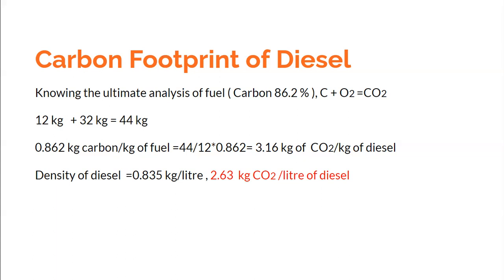So if you burn every kg of diesel, you would be getting 44 by 12 into 0.862 kgs of CO2, right? So if you do this multiplication, 44 into 0.862 and divide that product by 12, what you'll be getting is 3.16 kgs of CO2 formed for combustion of every kg of diesel.